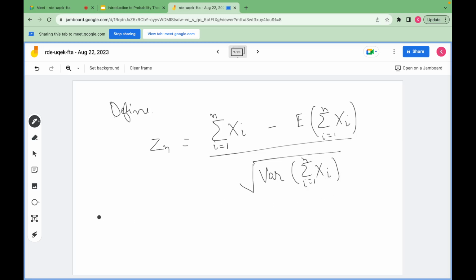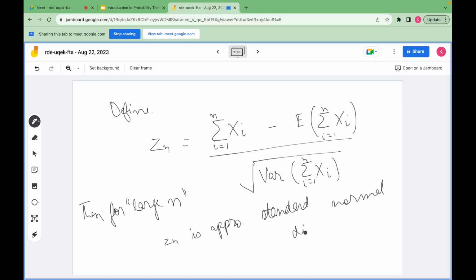Okay, the Zn is defined in this way. Then for large n, Zn is approximately a standard normal distribution. This is the central limit theorem.